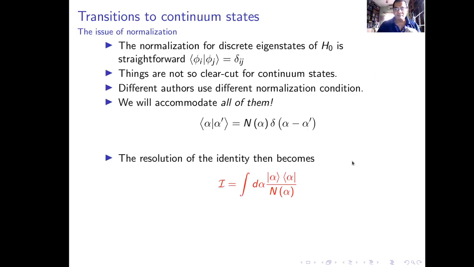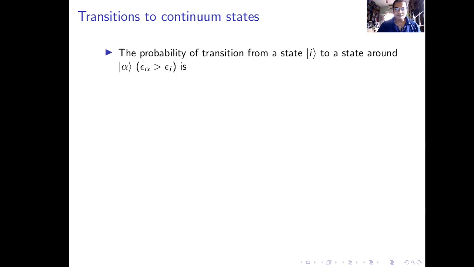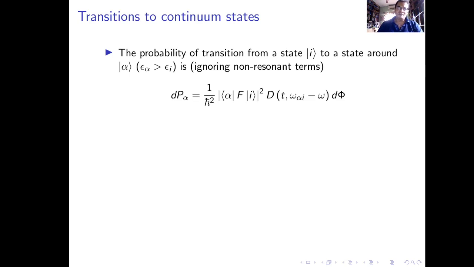So coming back to our particular thing here, when we want to calculate the probability of transition from the state I to a state around alpha, if we ignore the non-resonant terms, we end up with dp alpha given by 1 by h cross square.